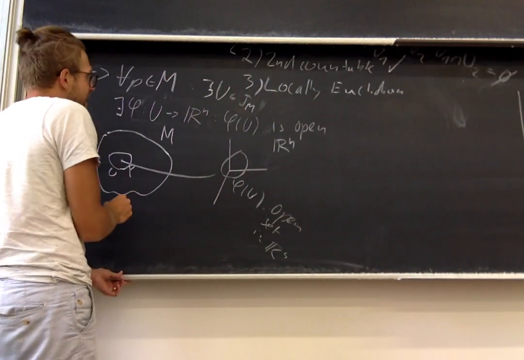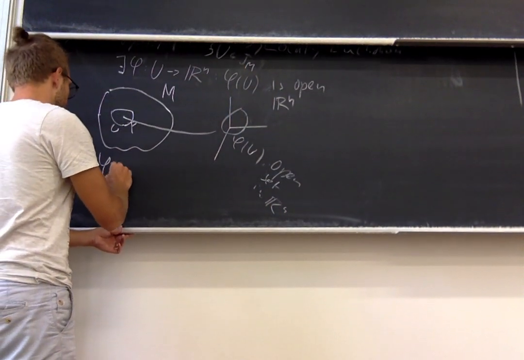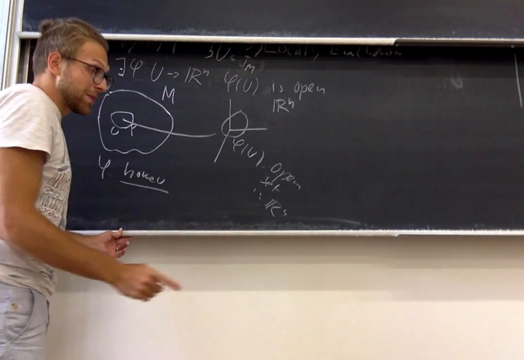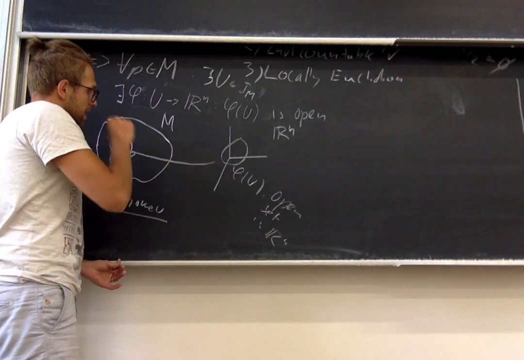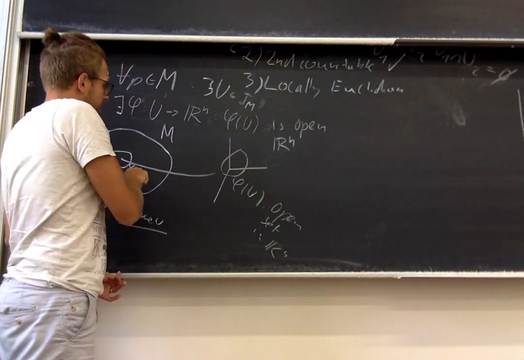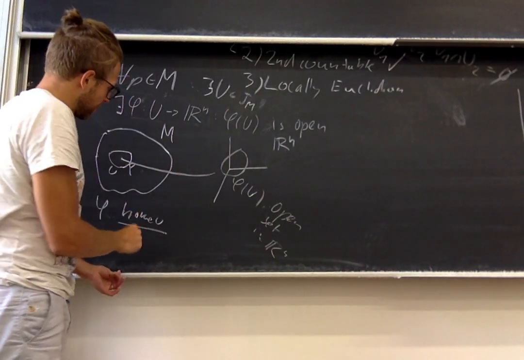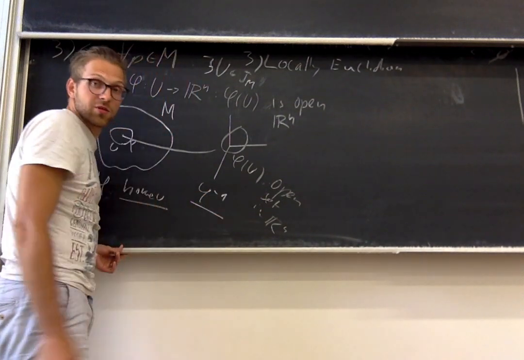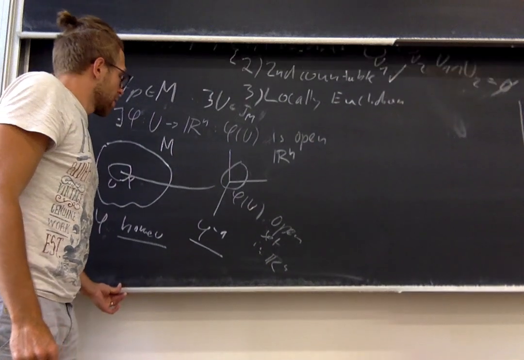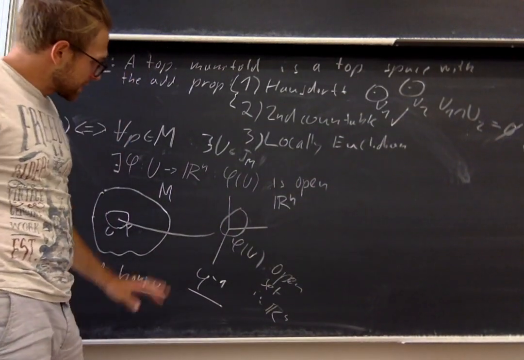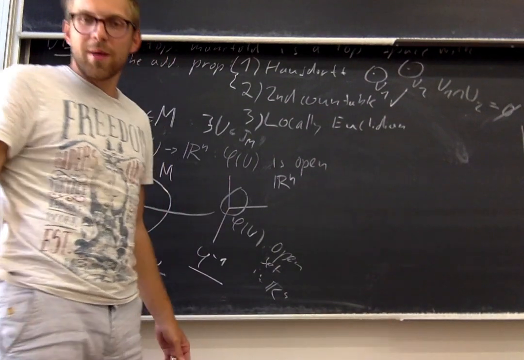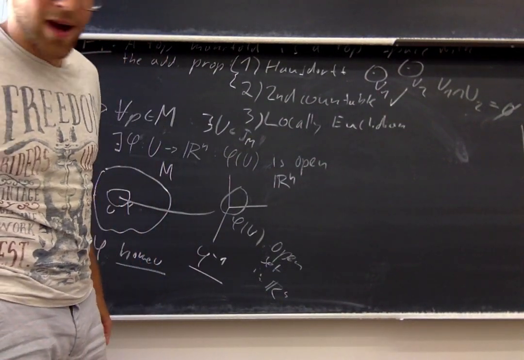And this phi is a homeomorphism, which means that it's a bijection that's continuous both ways. So phi is continuous, and phi to the minus first is continuous also. So that's the basic definition. If you have any questions, feel free to put them in the comments. We can talk about it.